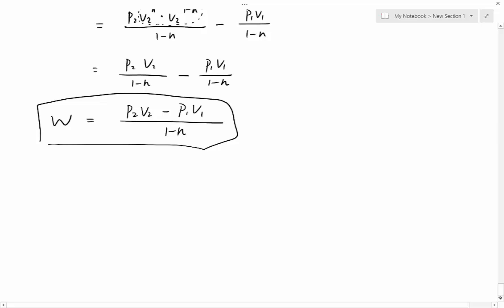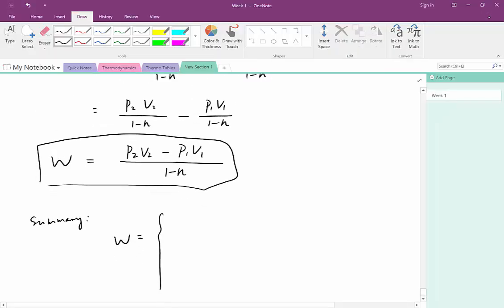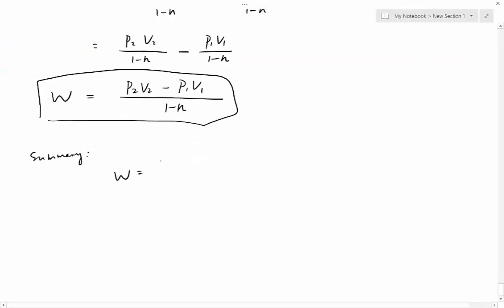Okay, so now just to summarize. Work is equal to, first of all, the equation is, okay, let me erase this quickly. We always want to write down the original equation.